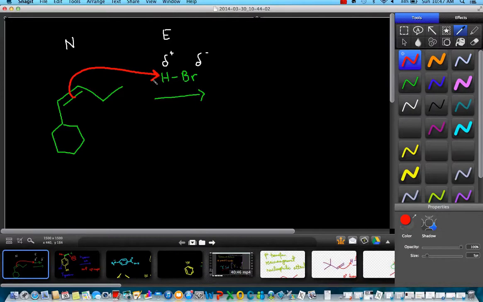A two-headed arrow means two electrons move. And of course, it's going to point to the atom that has the orbital that's deficient in electron density. Hydrogen cannot make two bonds, so it gives up its electrons to the bromine to form bromide.